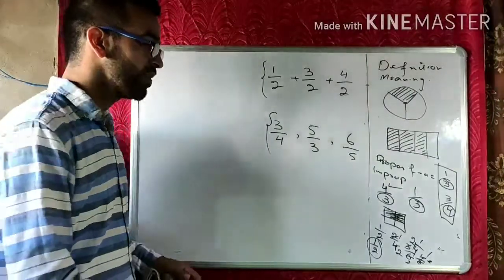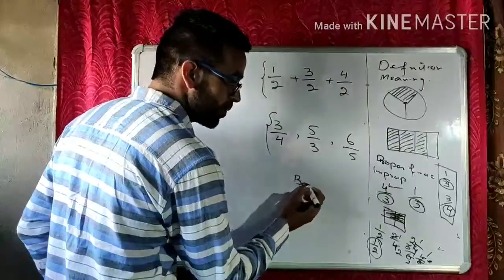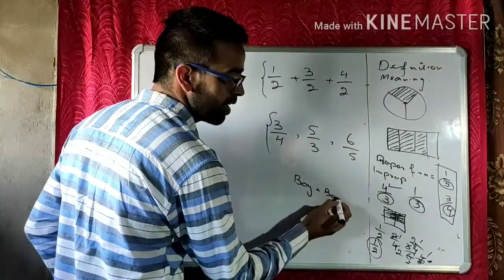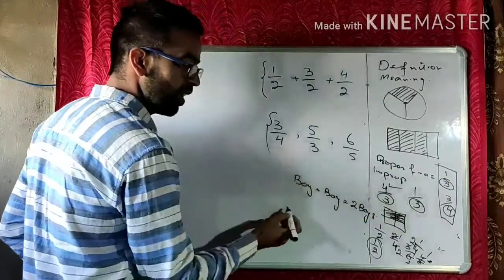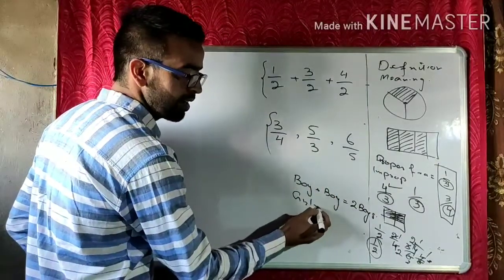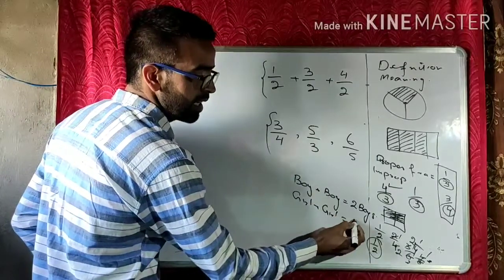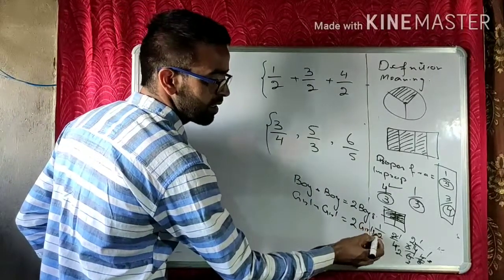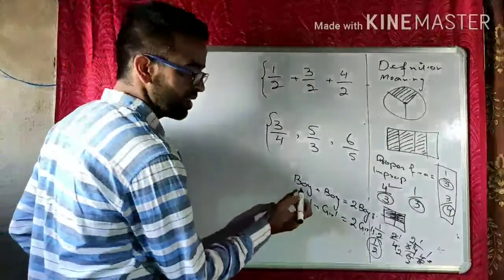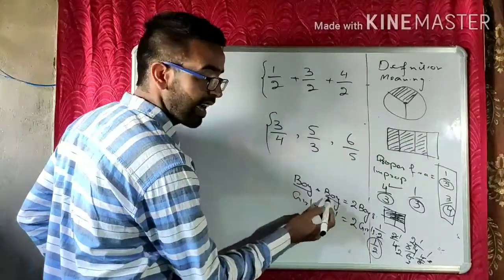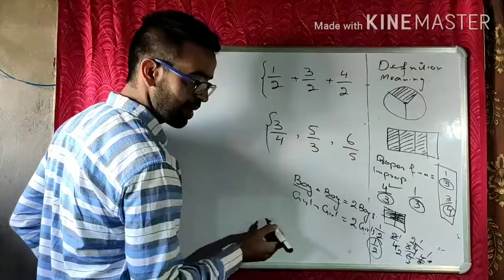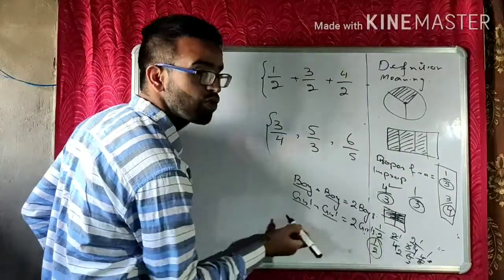So firstly we will take boy and boy. If we add them, these are two boys. Girl plus girl equals two girls. These are alike, so like terms get added.